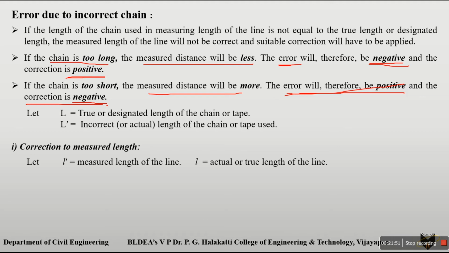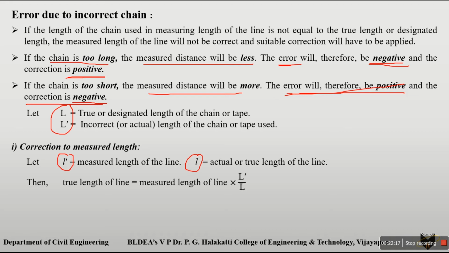Assume small l dash is the measured length, and small l is the actual or true length of the line. Capital L is related to the instrument, and small l and small l dash are related to the length of the line.